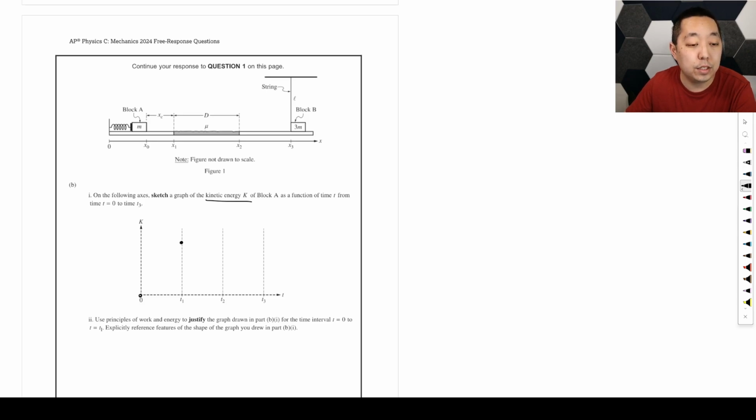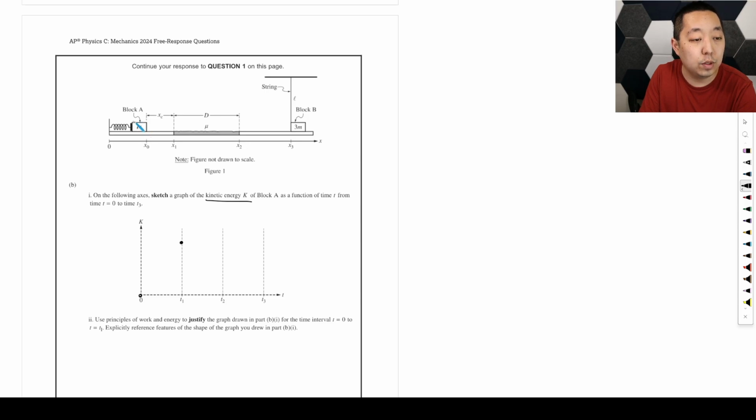There are a couple of ways I'm thinking of immediately to do this. If the force were a function of position, it'd be a lot easier. But because it's a function of time, we have to think about it from a kinematics point of view, so we have to think about the forces going on here.